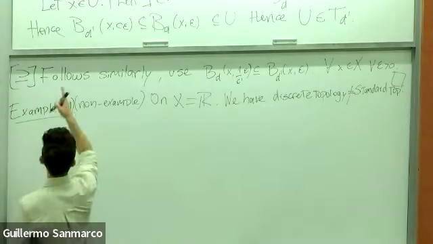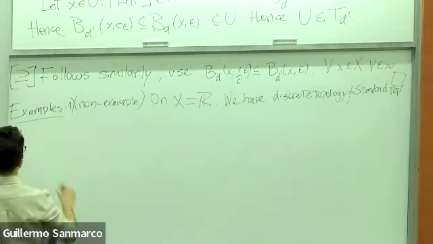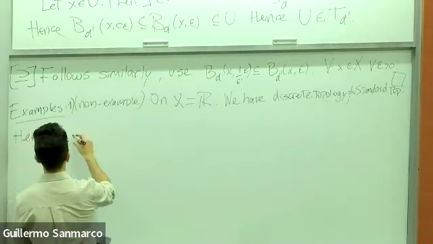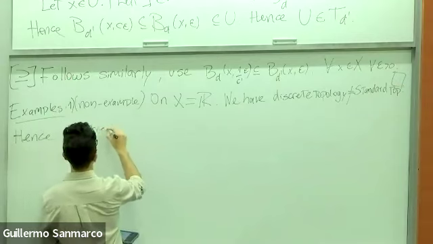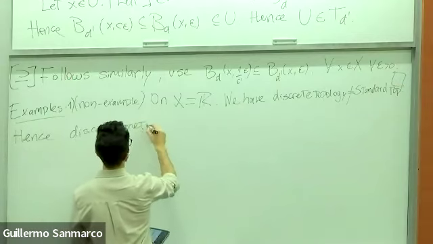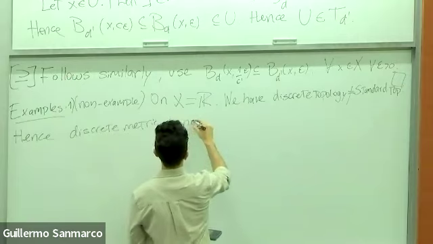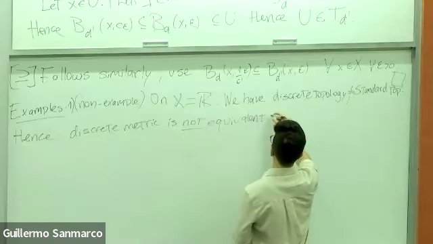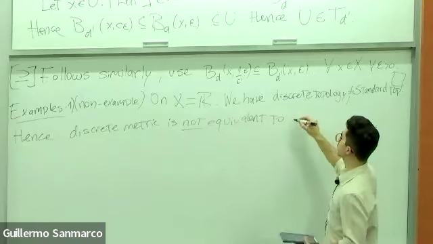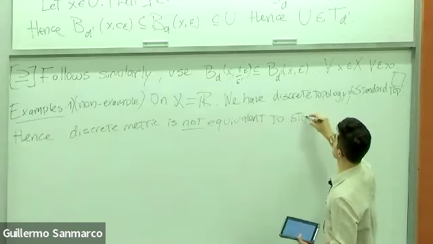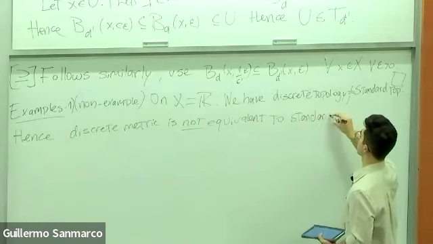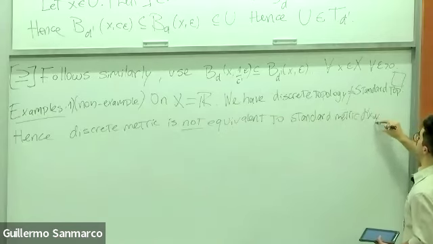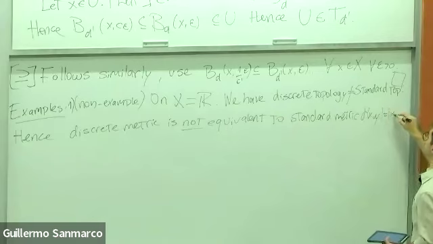And as a consequence of this theorem, or the contrapositive, hence the discrete metric on R is not equivalent to the standard metric, or Euclidean metric, d(x,y) is the absolute value of x minus y.